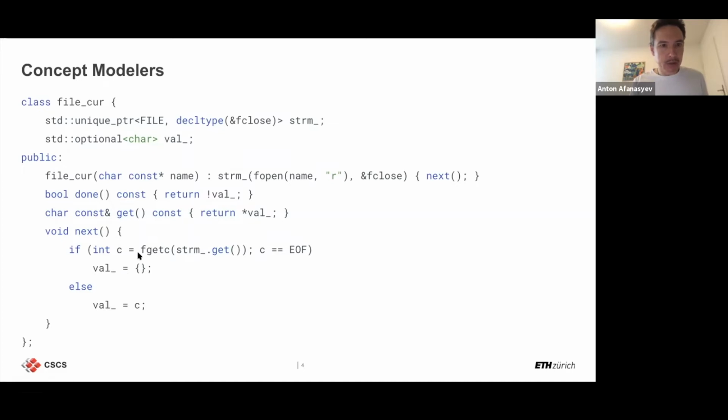And next, we'll do the following. We will read the symbol from the stream, and we check against the end of file. And if it's end of file, we make the optional carry null. We could in principle write a std nullopt here, but I like this notation.